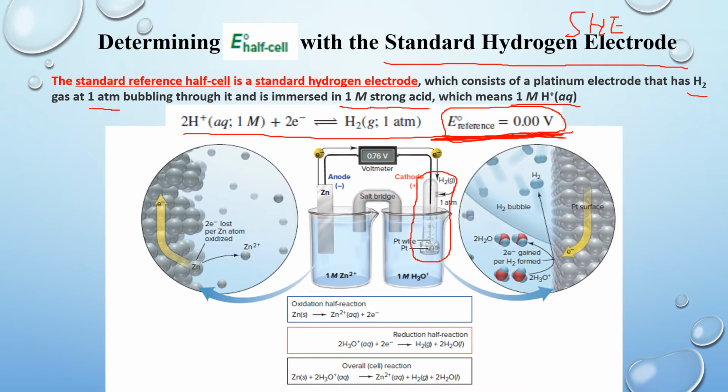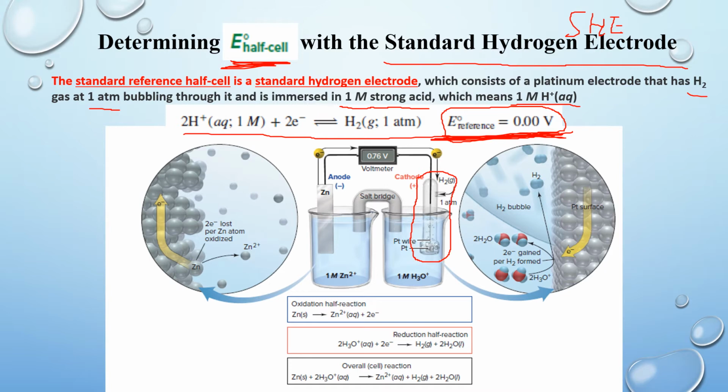Once this SHE is bridged to another electrode of interest, the voltage we measure will be the standard half cell potential for that electrode. For example, in this picture, we want to know the standard half cell potential for zinc. So we link zinc and the SHE together, and we get a voltage of 0.76.